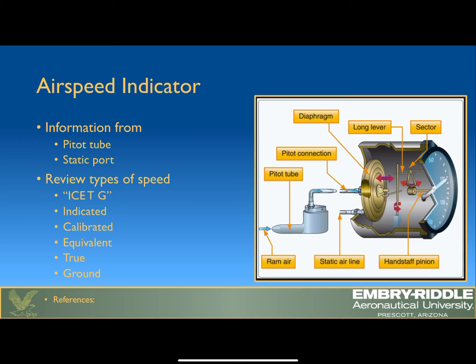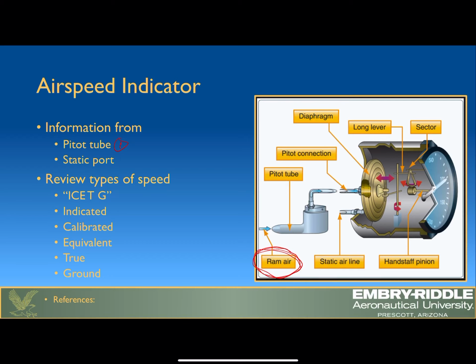So with the airspeed indicator, again, it receives what I will call its primary information from the pitot tube. Again, we're getting that ram air from the pitot tube. That ram air is moving. All the airspeed indicator is doing is measuring how fast that ram air is moving.